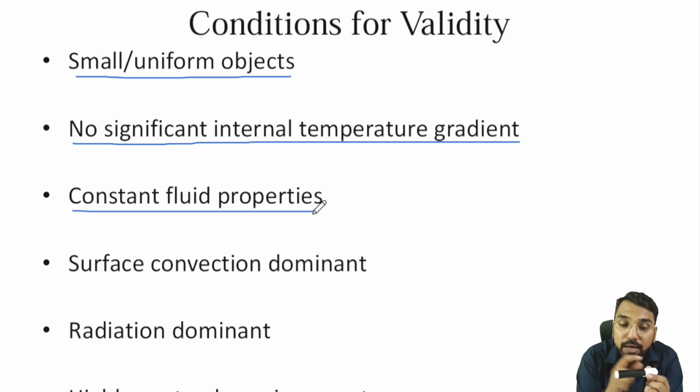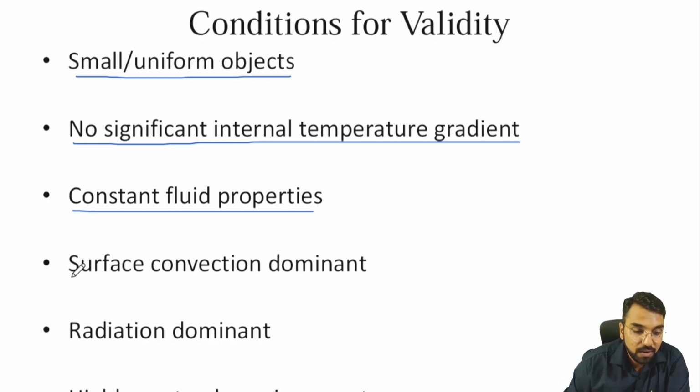then how do we calculate the overall heat transfer through this object? It will be difficult to calculate the overall heat transfer by convection for this object. So that's why it must be a valid condition that whatever fluid, liquid or gas, is flowing over this metal has properties that are the same, uniform or constant.